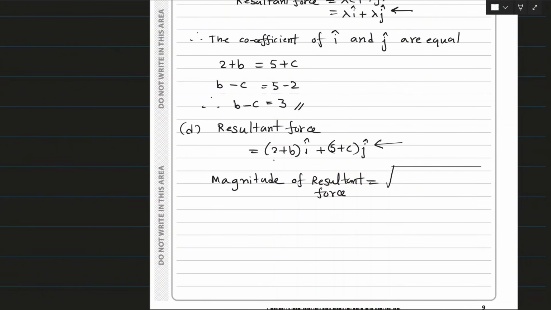We take the coefficient of i and square it, add the coefficient of j squared, and then root the whole thing. This gives us the magnitude of the resultant force, which we also know is equal to 10 root 2. So now we have an equation.